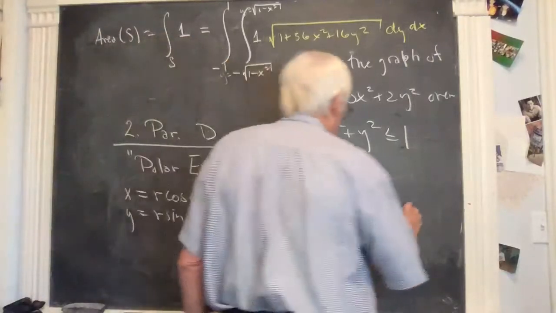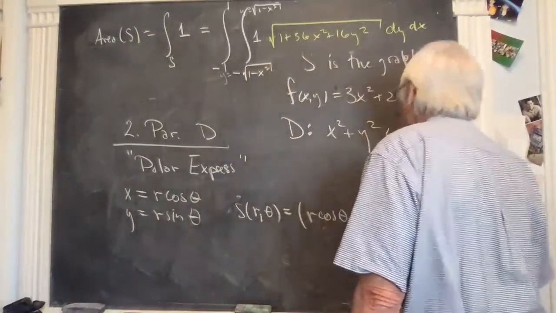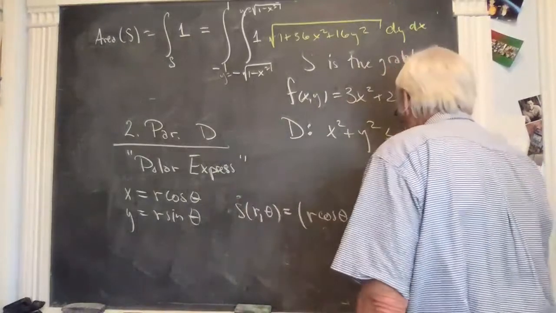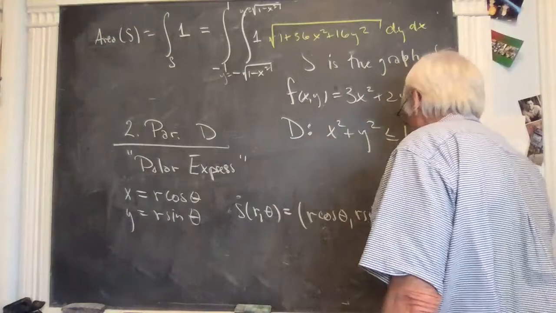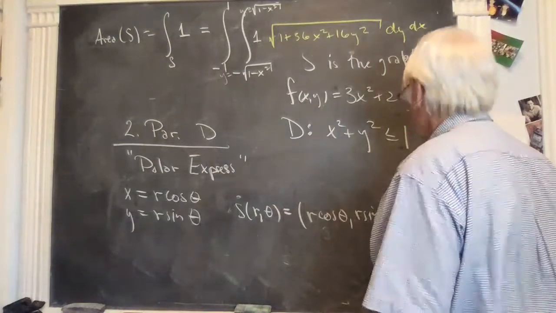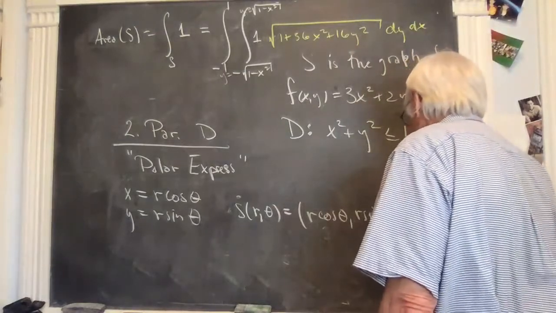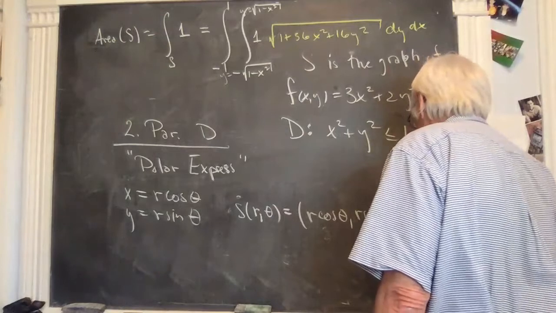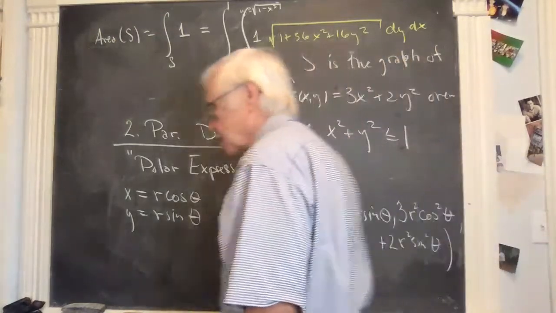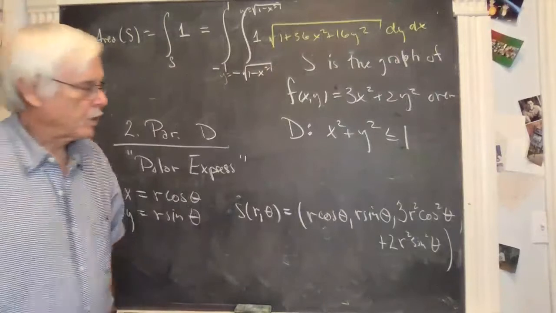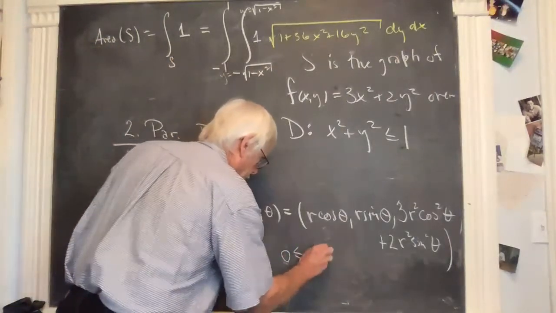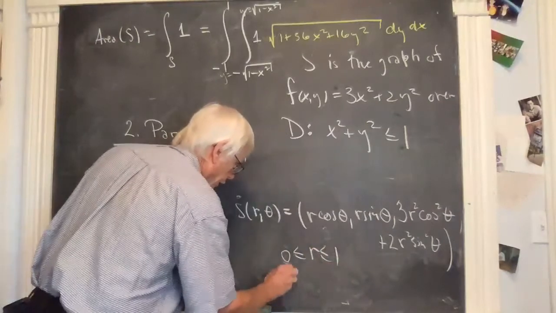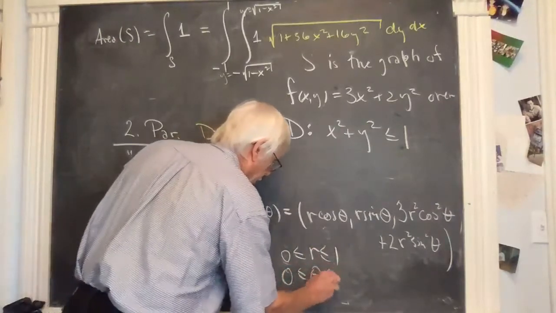So this will be 3 r squared cosine squared theta plus 2 r squared sine squared theta. So it's a little more complicated, but the good part is that r is between 0 and 1, and theta between 0 and 2 pi.